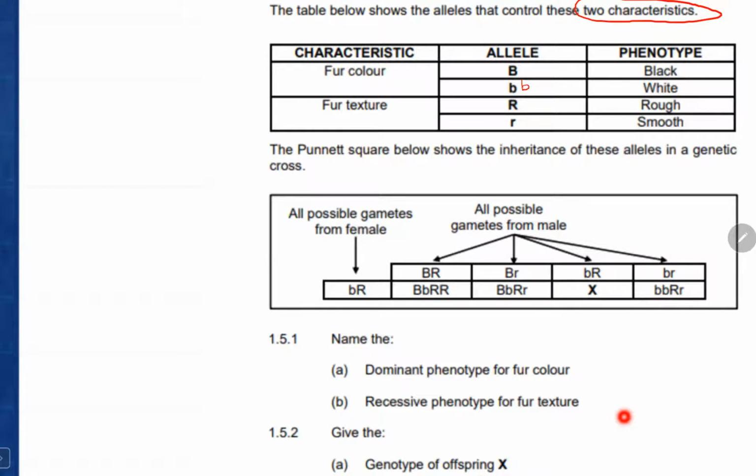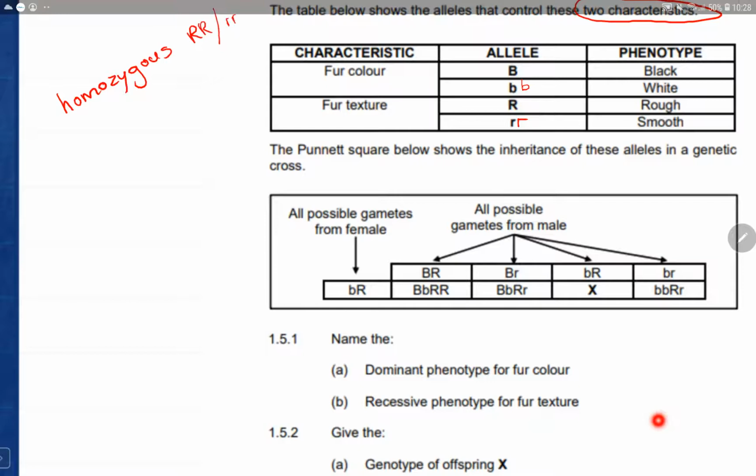And the small letter r is our recessive allele, again, you're going to need 2 of the same for the smooth. And remember the terms that we know now: homozygous means they look exactly the same, so it could be RR or rr, but it means they are the same, whereas heterozygous means that they look different.